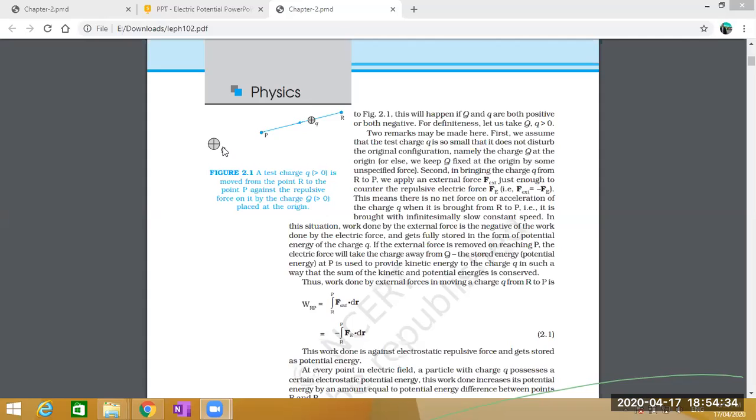One can realize it when this brick is dropped from the roof, and while coming down, if someone is standing there, this brick will strike his head, and then he will realize that this brick has the capacity to do work. So you know that energy is defined as the capacity to do work.